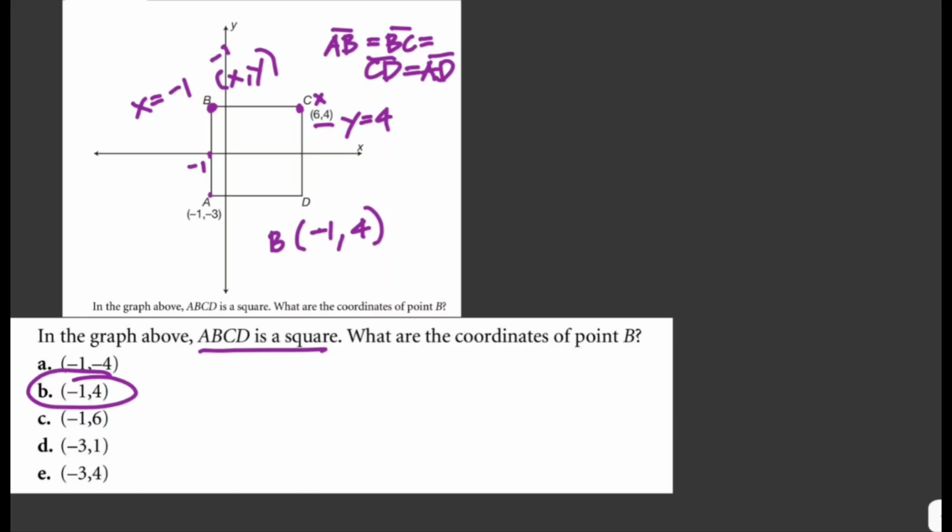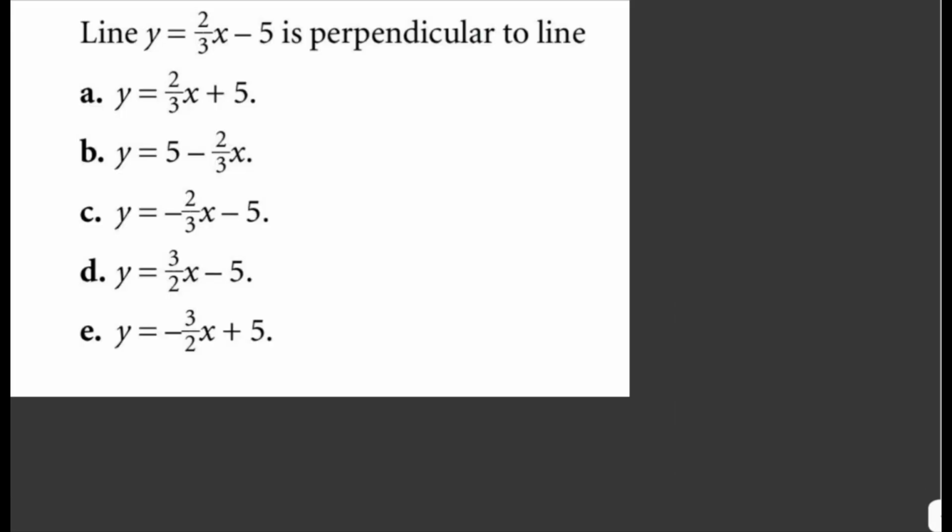Now let's solve another problem. Line y equals 2/3 x minus 5 is perpendicular to which of the given equations here? So what are perpendicular lines? Perpendicular lines have slopes that are negative reciprocals of each other.